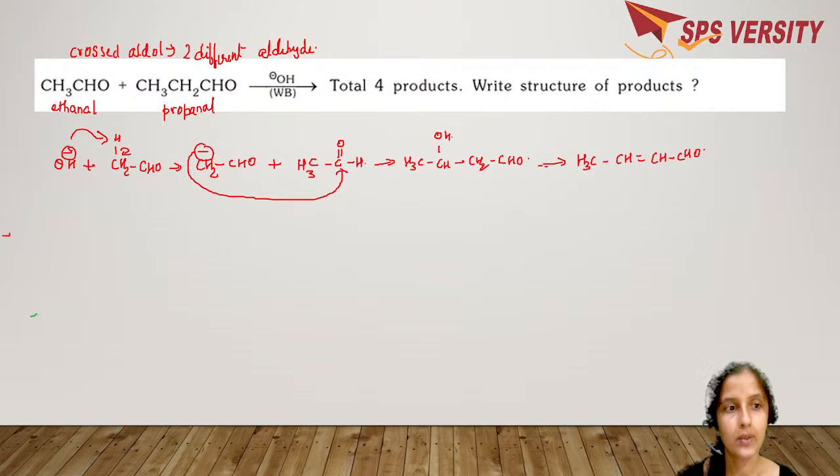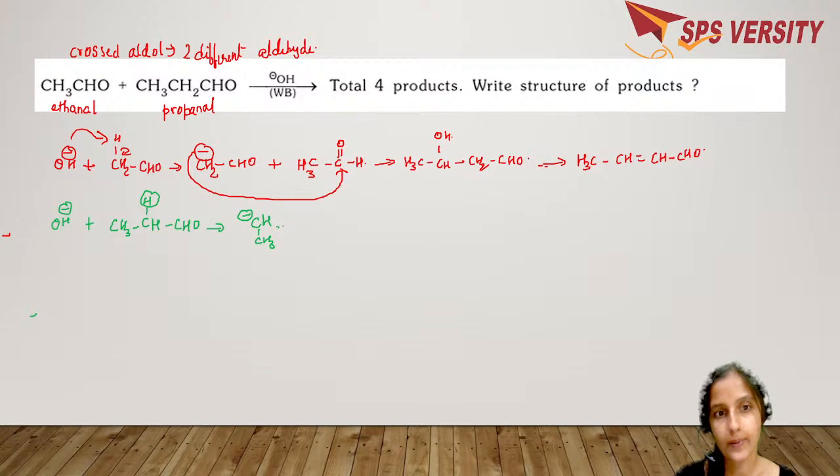And for the second compound, OH minus takes up a proton from propanal, CH3 CH alpha. So this hydrogen will be gone, resulting in the formation of CH minus CH3 CHO, plus one more molecule of the same kind, that's CH3 CH2 CHO. If you take the same type of compound, this will go and attack over here, and this will shift.